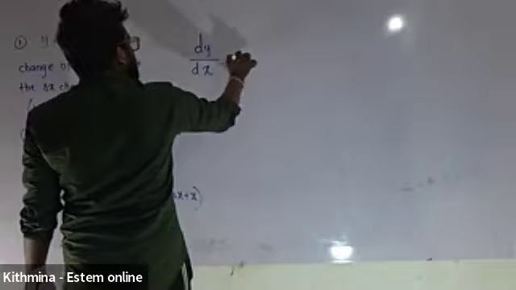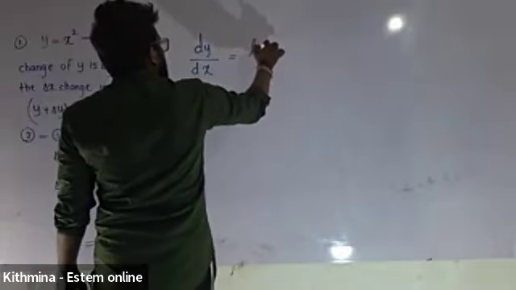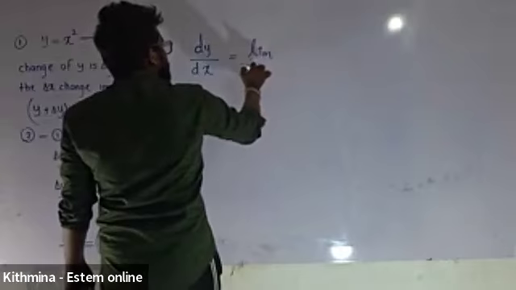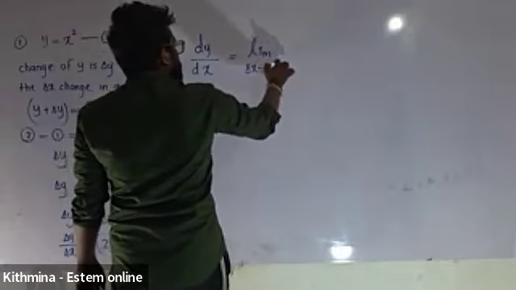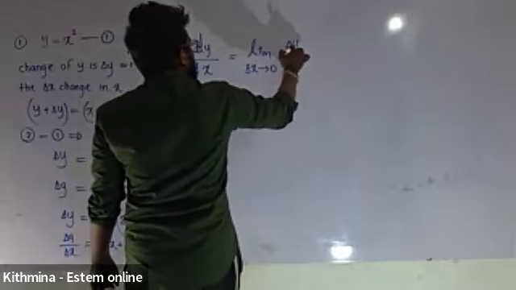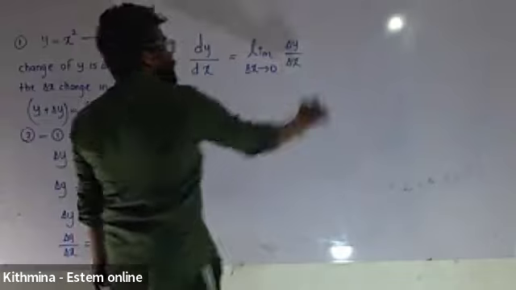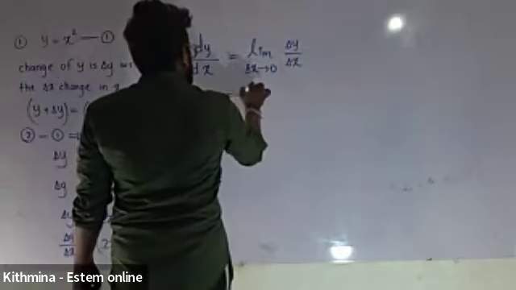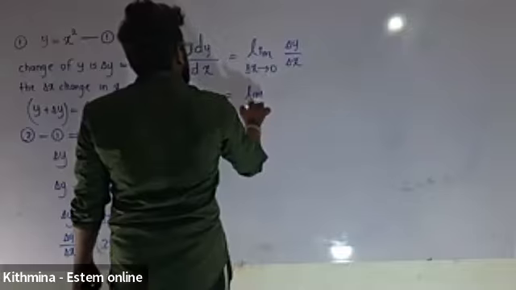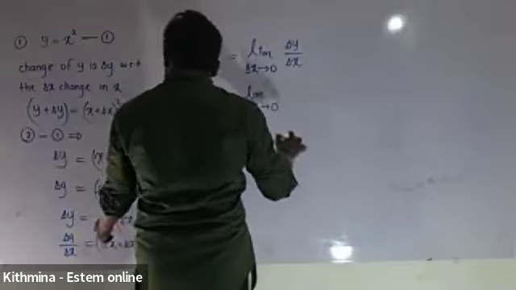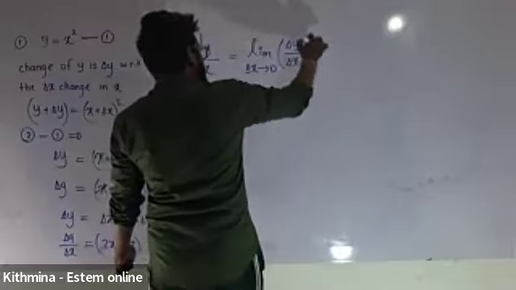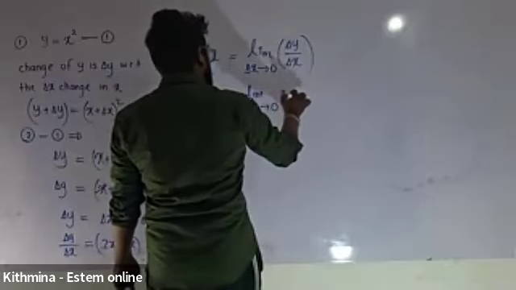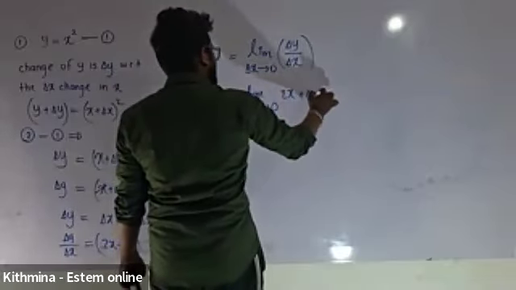Then write the original definition of differentiation: limit delta x to 0 of delta y over delta x. Just put, instead of delta y over delta x, 2x plus delta x. See, it's very easy, no?